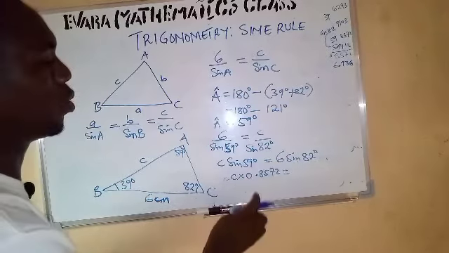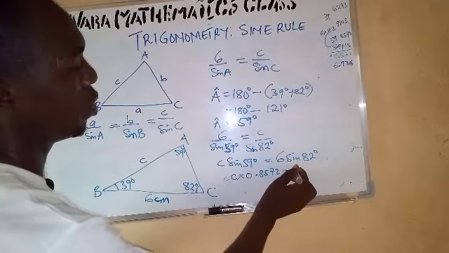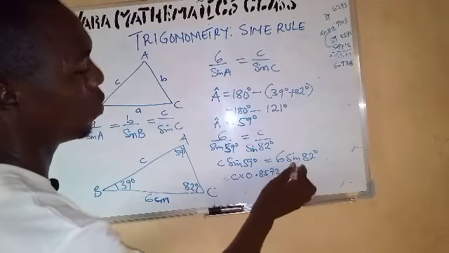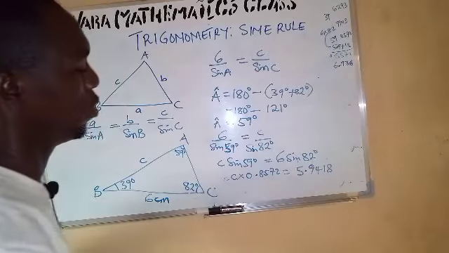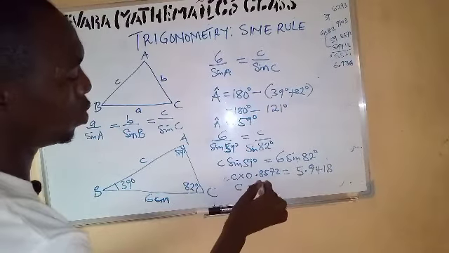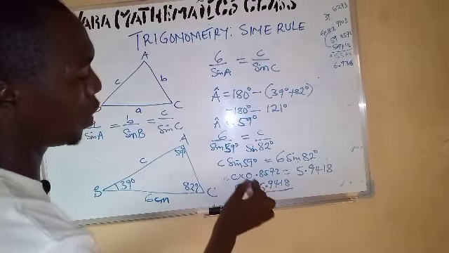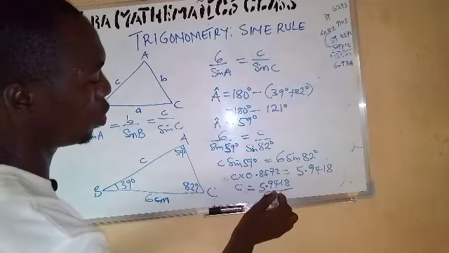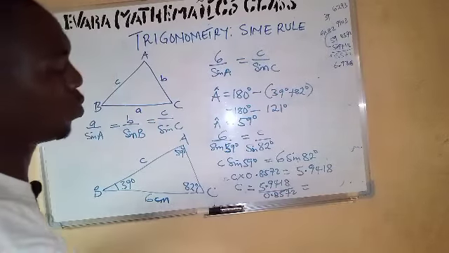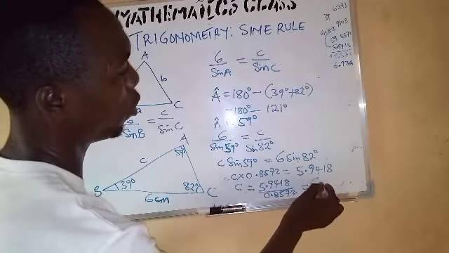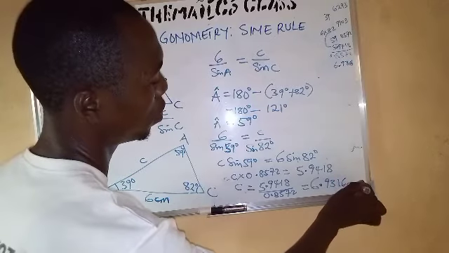Now if you use your calculator to get your sine 82 degree multiply by 6, that will be 5.9418. So our C now will be 5.9418 divided by 0.8572. So with the use of calculator, our C will be 6.9316 centimeter.